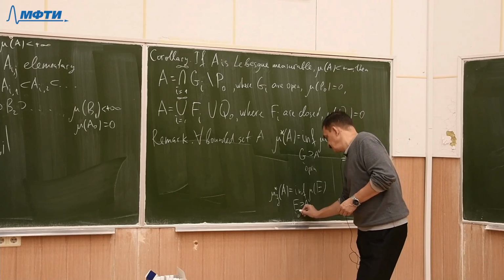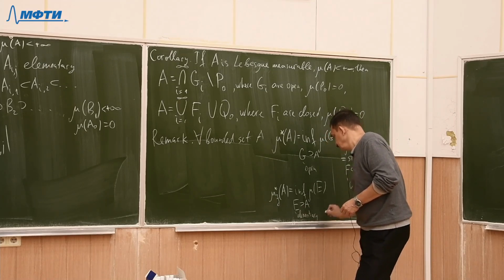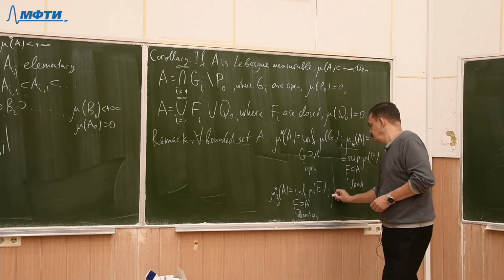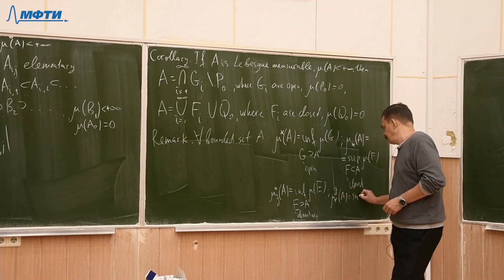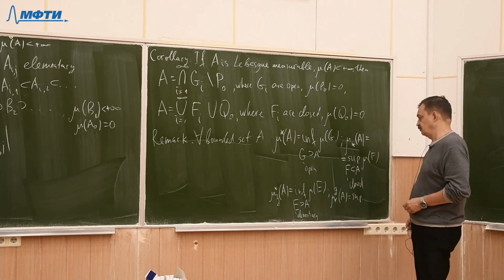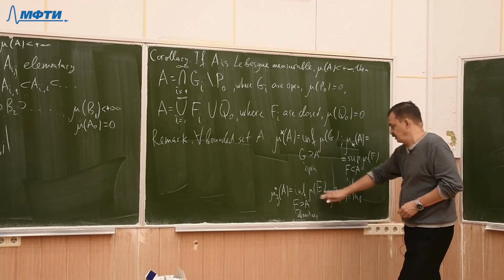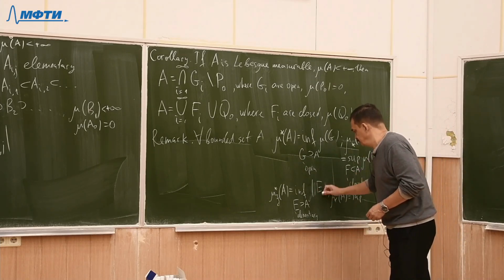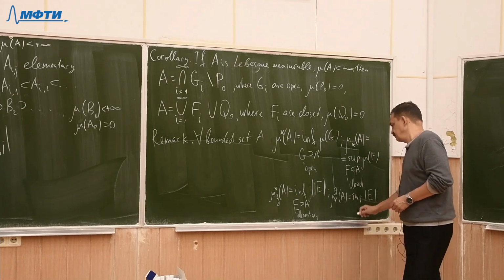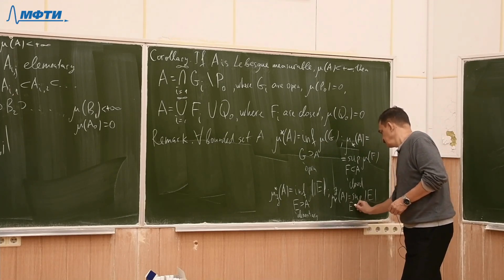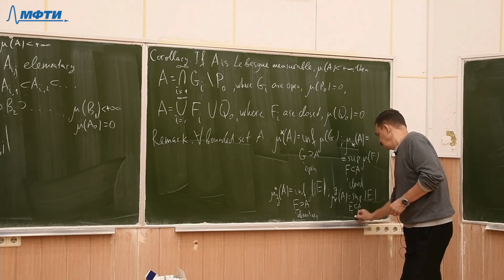Analogously, the inner Jordan measure is the supremum of, here I could take volume, because these are elementary sets which are included, once again elementary.